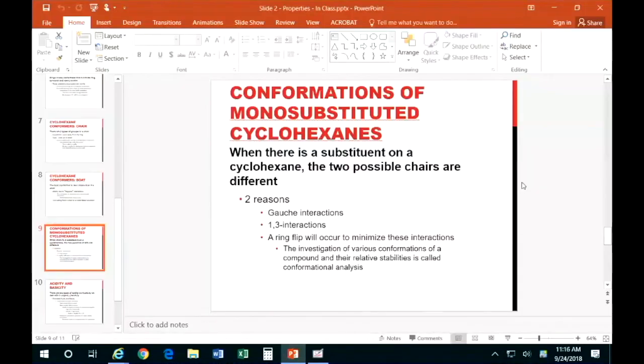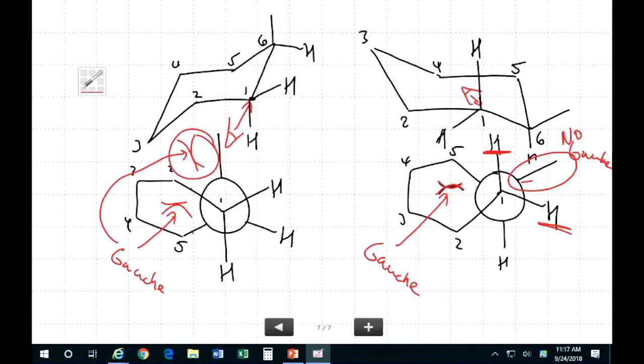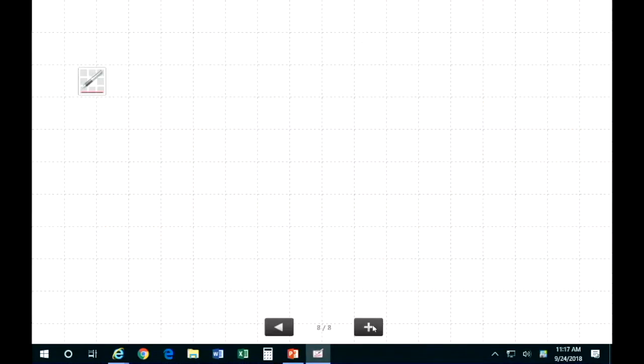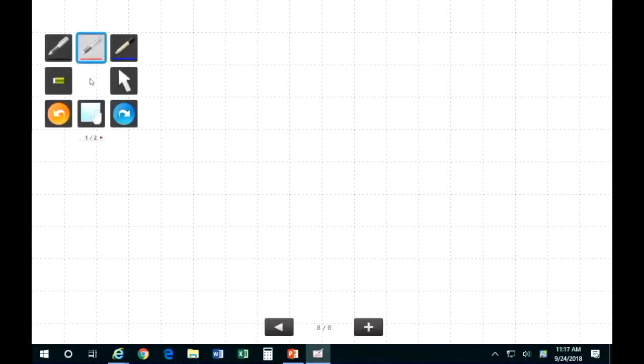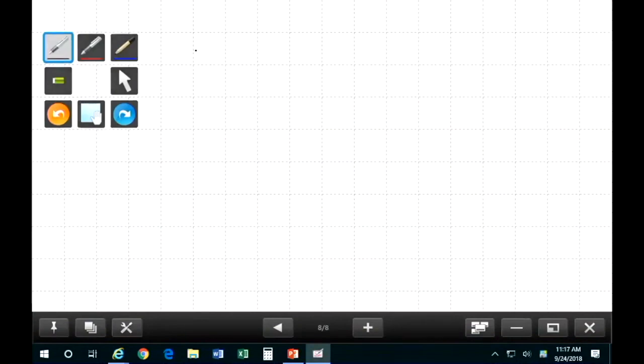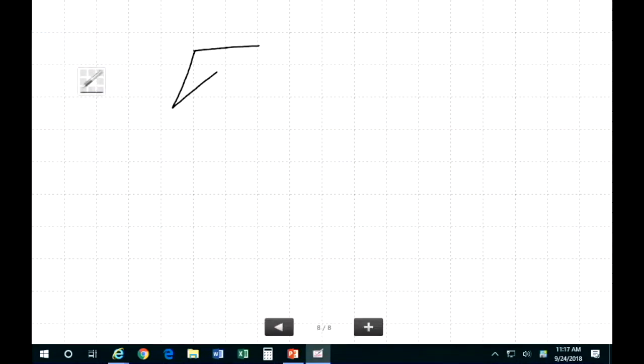The other thing is something called 1,3 interaction. 1,3 interactions are numbered a little weird, so you have to bear with me, and hopefully I won't punt my numbering like I just did a second ago. So I'm gonna make this group axial. There we go.